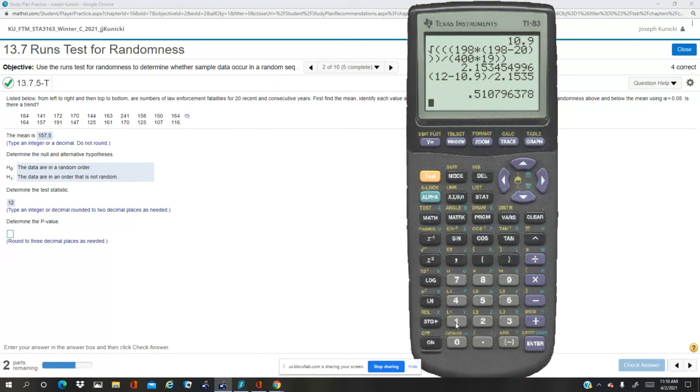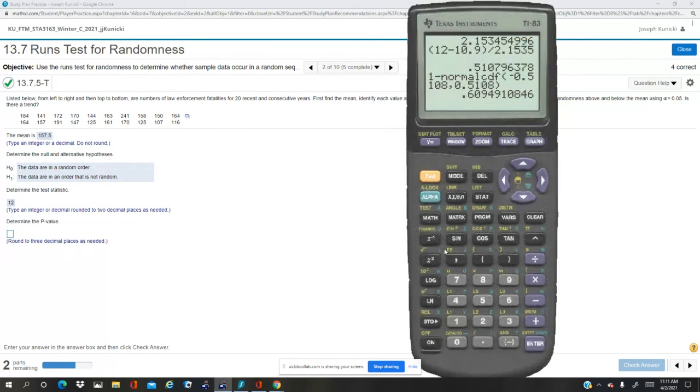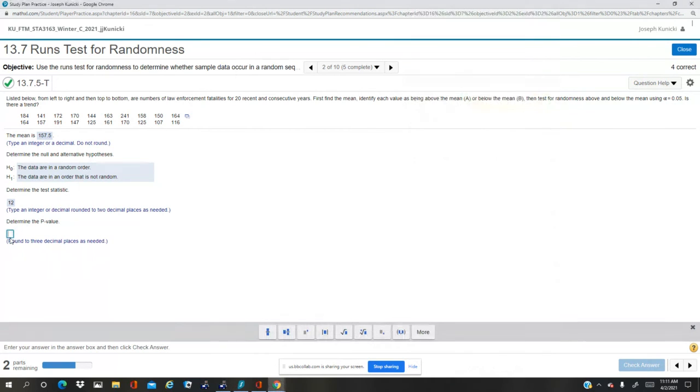So I do 1 minus, second vars, normal CDF, and I do negative 0.5108, comma, 0.5108. The p-value is 0.609, to 3 decimal places.